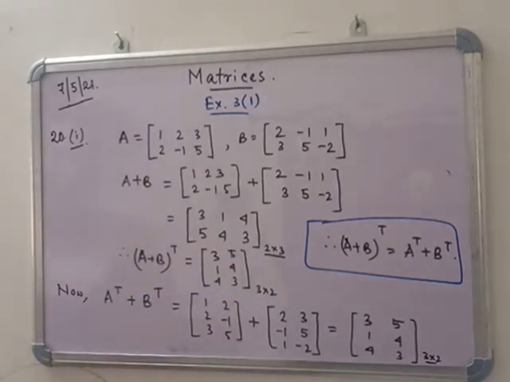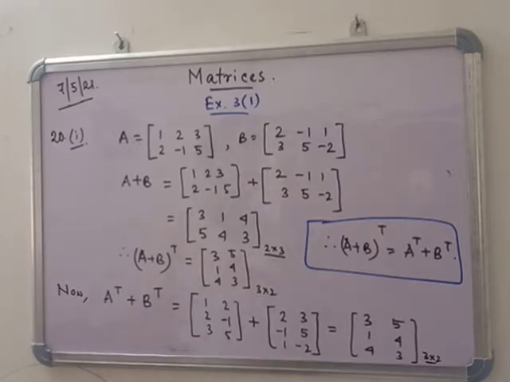Similarly, we are finding A transpose plus B transpose, and we have to verify whether these two values are equal or not. A transpose plus B transpose equals 1, 2, 3, 2, minus 1, 5 plus column-wise 2, minus 1, 1, 3, 5, minus 2.